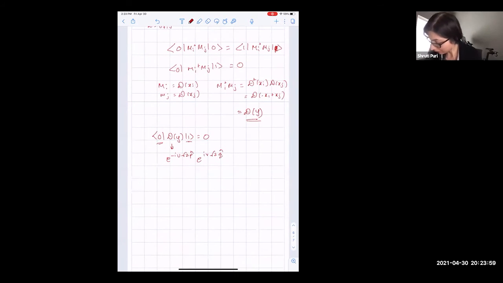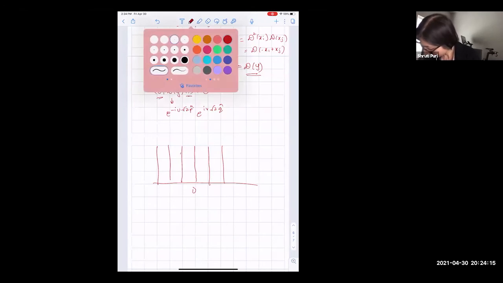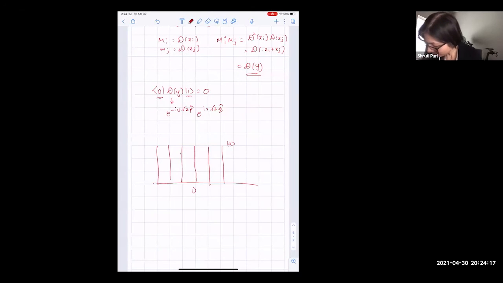Okay, so let's look at the logical 0 state, and the logical 1 state is somewhere here. Let me just draw straight lines like this.